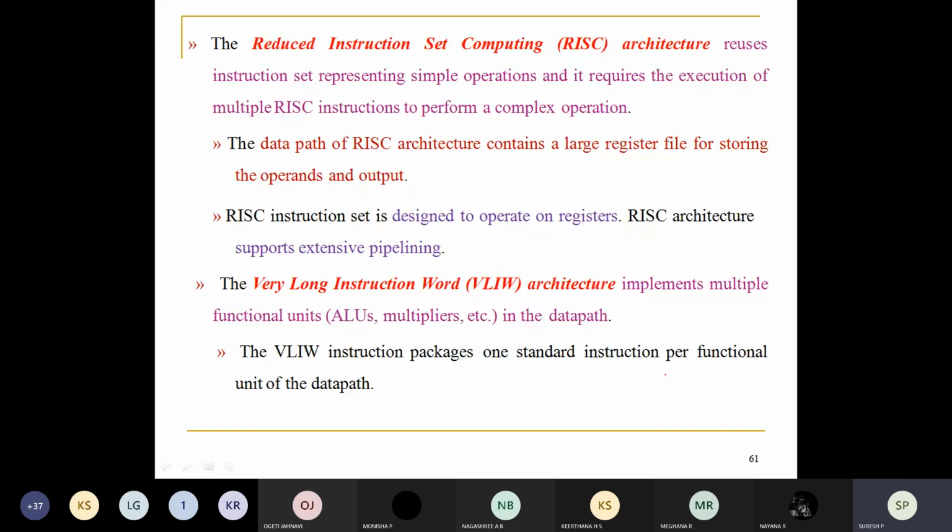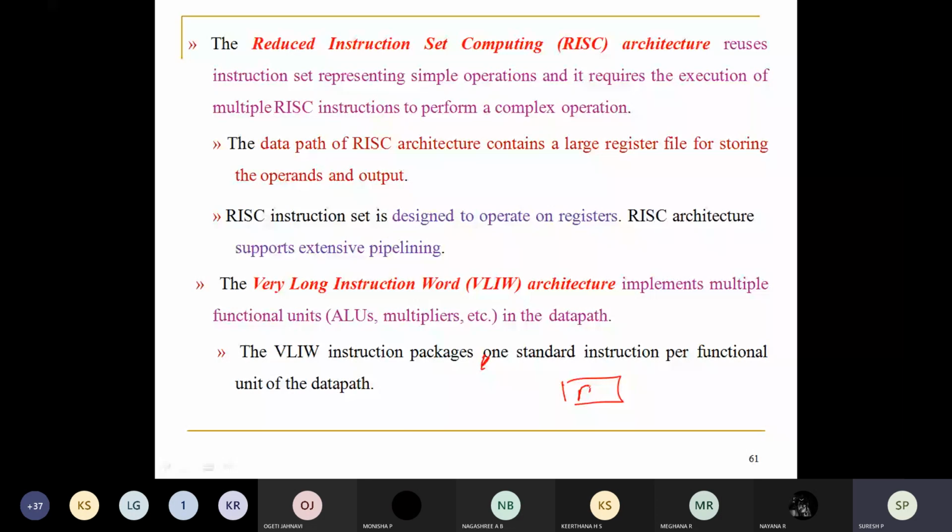So next is the Very Long Instruction Word architecture. It makes use of multiple functional units in the data path. Multiple function units mean what? Some functionalities are designed to perform only arithmetic operations. So if you take the processor, many function units will be there.